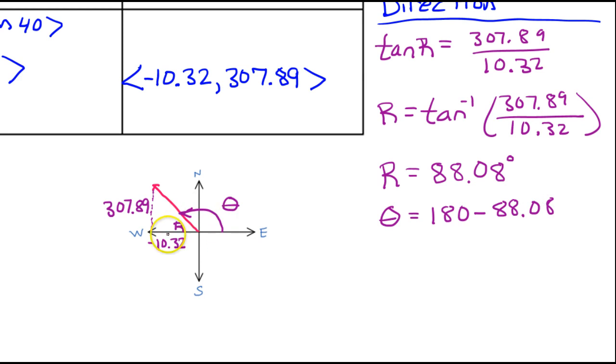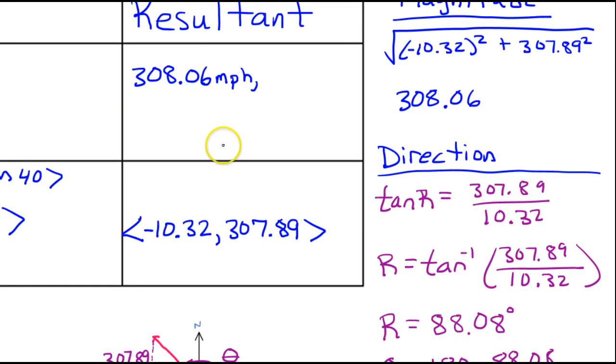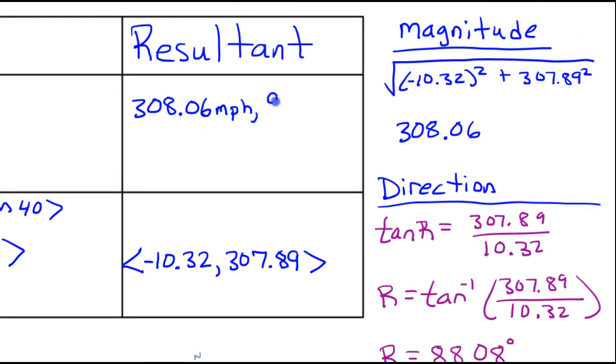We were on our way to 180 degrees, but we had to stop short by the value of R. So the direction of our resultant vector is 91.92 degrees. Let's go ahead and record that on our chart. 91.92 degrees. So there we have the magnitude and direction.